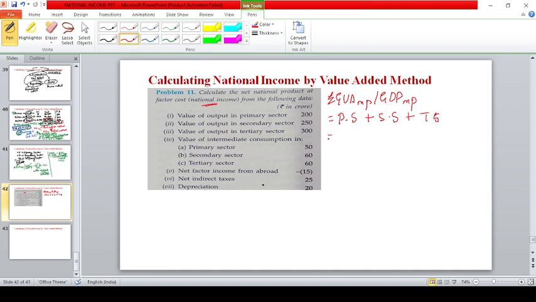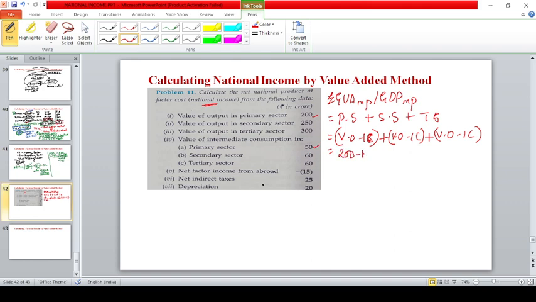Now let us see value of output minus IC in primary sector, plus secondary sector, value of output minus IC, plus under tertiary sector, value of output minus IC. Quickly substitute the values. Value of output in primary sector is 200 and IC is 50.